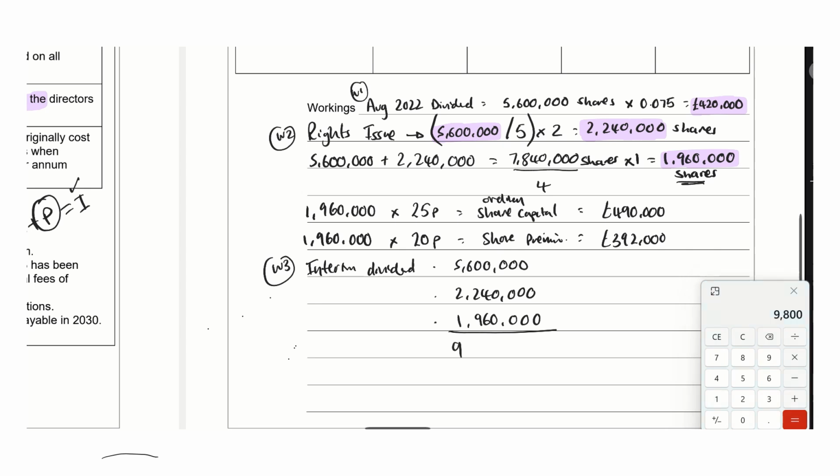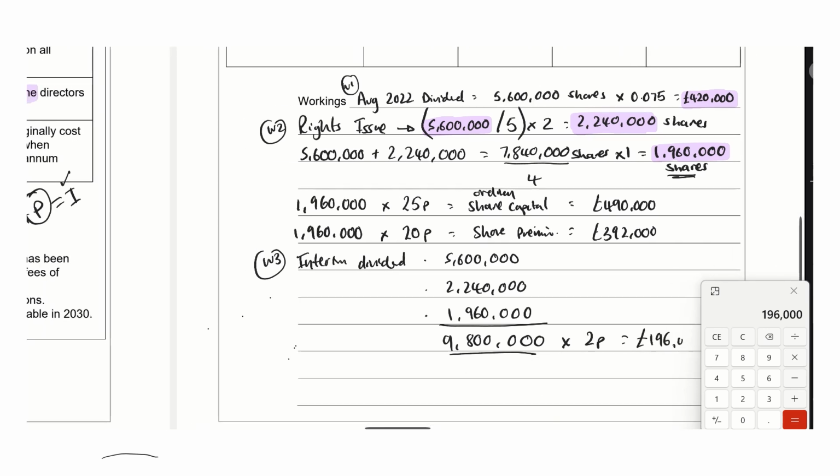And that adds up to 9,800,000 shares. Each of these shares are going to get a 2p dividend. So we multiply this by 2p. Times 0.02, and you get 196,000. So that is how much you will pay for that dividend.